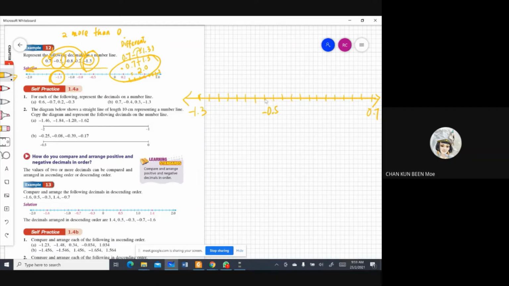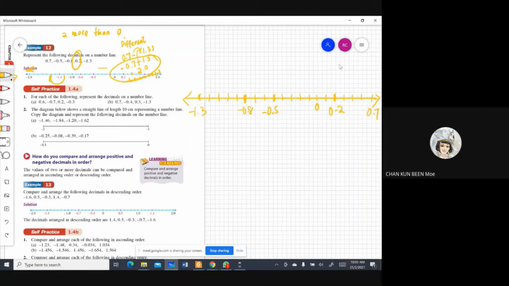This is negative 0.5, negative 0.6, negative 0.7, negative 0.8 is here. Then we have not done yet because we have 0.2. So where is 0.2? If this is negative 0.5, this is negative 0.4, negative 0.3, negative 0.2, negative 0.1, 0. Okay, so 0, we indicate it so that it's easier for you to see. After 0 to the right, 0.1, 0.2. So we got it already, it's here.